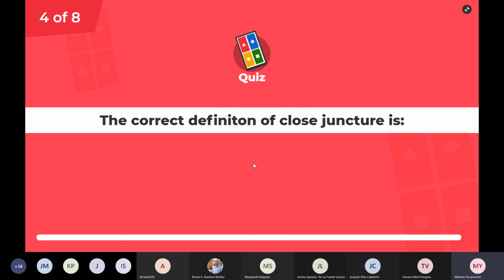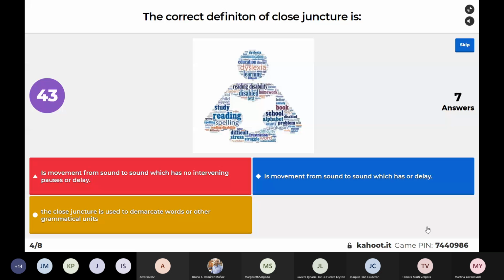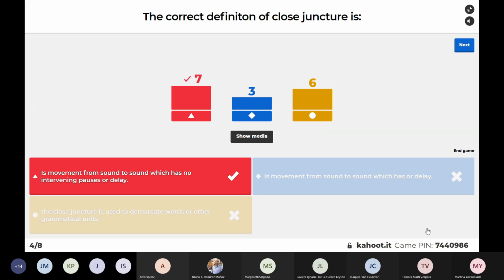The correct definition of close juncture is... Okay, guys.